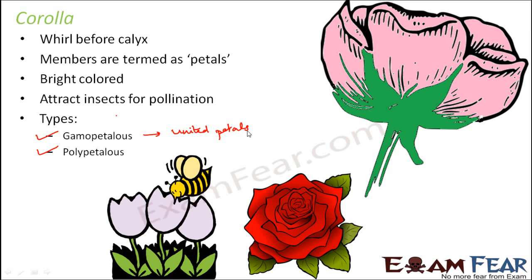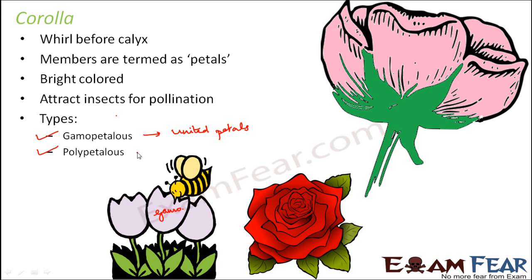An example would be tulip. Here you can see tulip. These are gamopetalous, because these are the petals, right? Each is a petal, but all the petals are united together. So you actually can't differentiate each petal separately. The entire flower is like joined, all the petals are joined together.